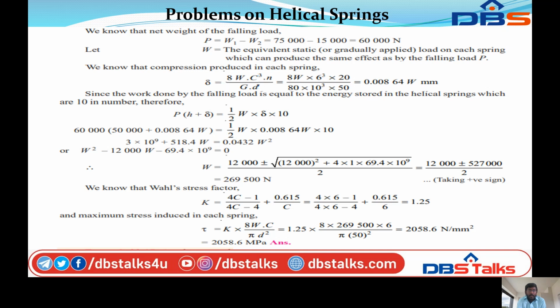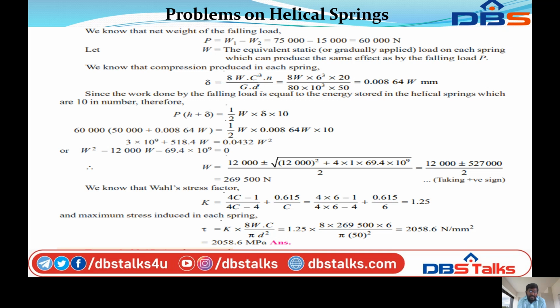Since the work done by the falling load is equal to the energy stored in the helical springs, 10 in number, therefore P into H plus delta is equal to half into W into delta into 10. Substituting the values, 60,000 into 50,000 plus 0.00864 W is equal to 1 by 2 into W into 0.00864 into W into 10.